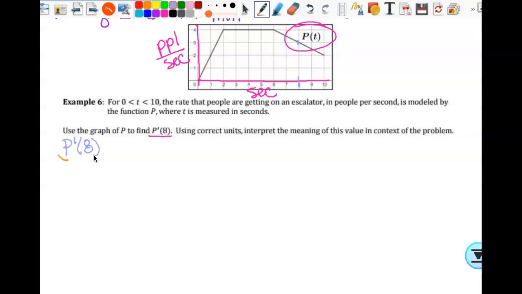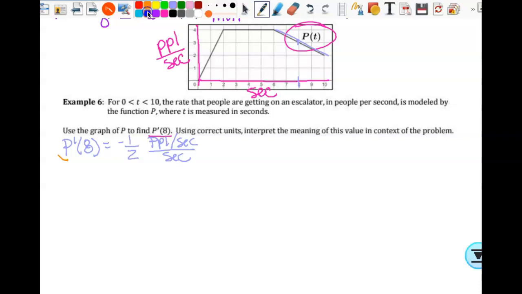Because it would be the slope, and this is a -1/2. My units are people per second per second. It's the rate at which the rate is changing, right? And again, don't let that mess with your mind too much. Just write it down. Because we have a rate, and when your rate changes, that's like your acceleration, right?